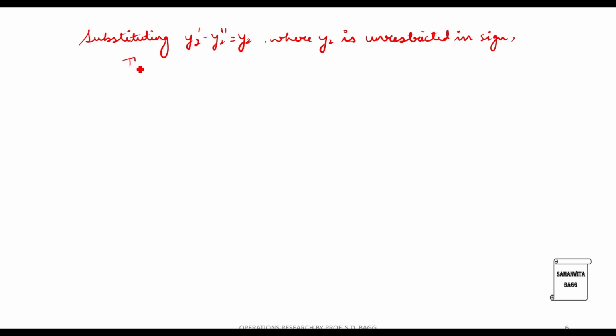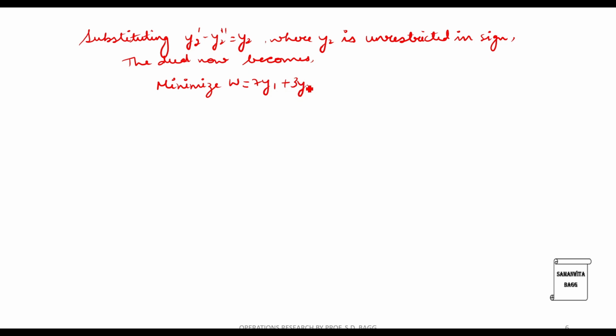The dual of the problem now becomes: minimize W = 7y1 + 3y2.